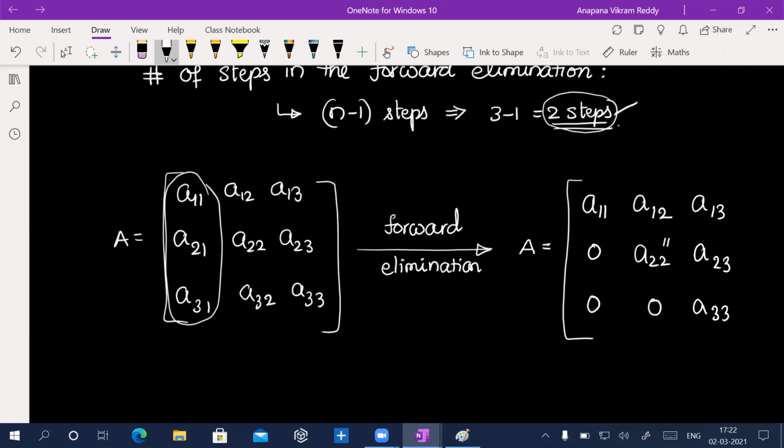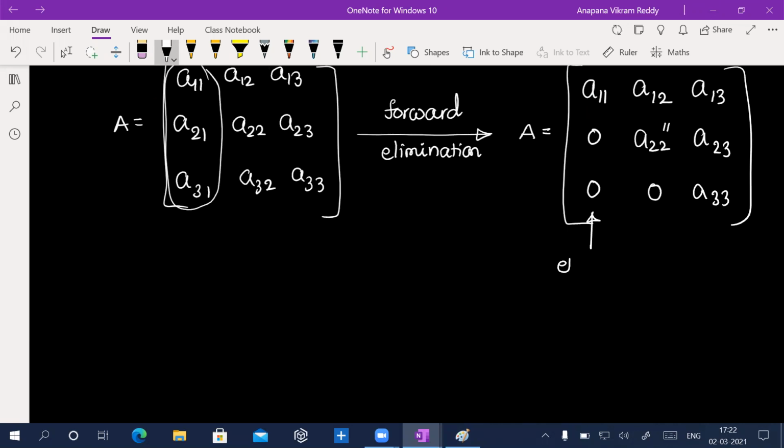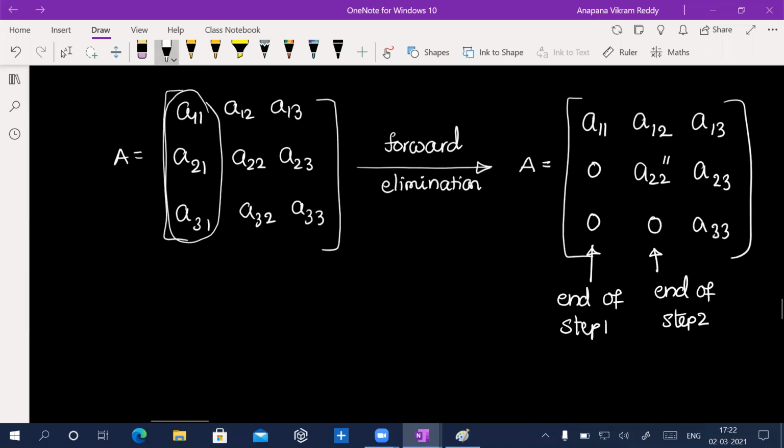By the end of step 1 you see the first column, and by the end of step 2 you will see the second column like this. Are you able to understand this? You have a coefficient matrix on the left hand side.